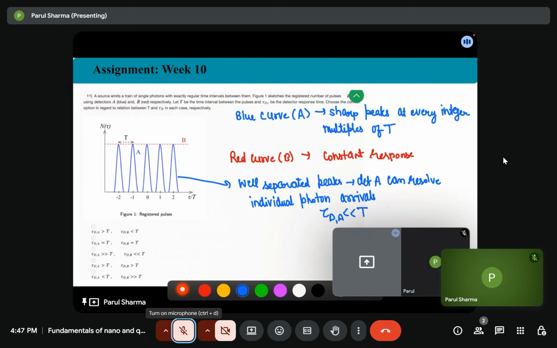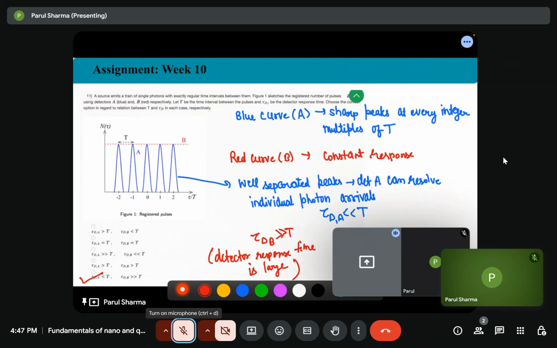Whereas for B, tau dB is very large. So the option last.